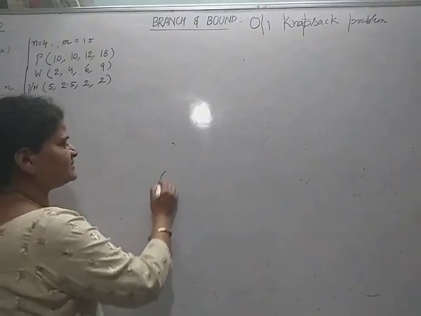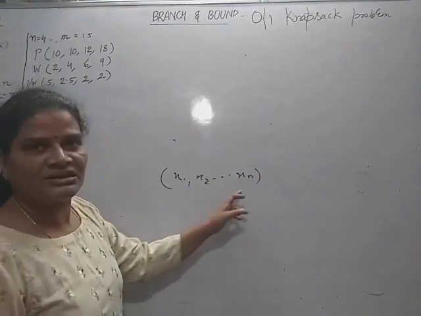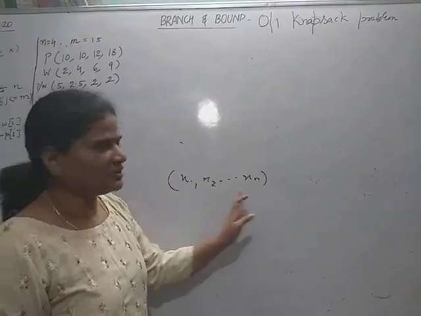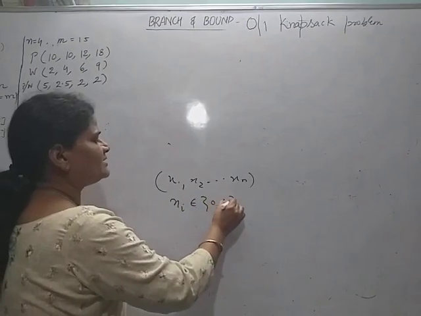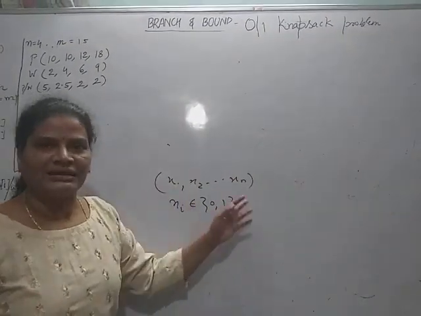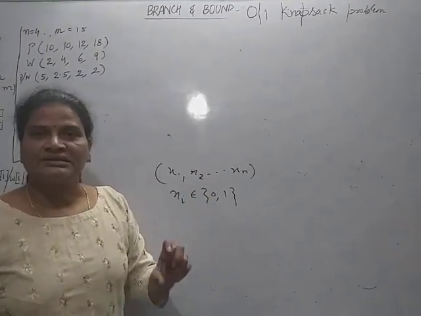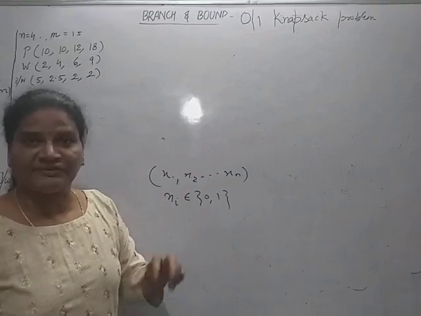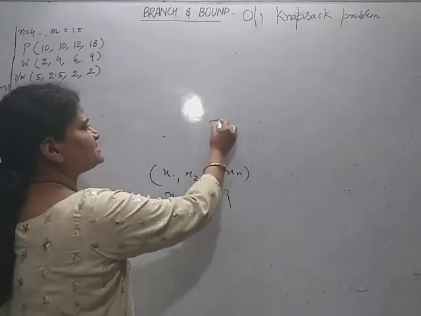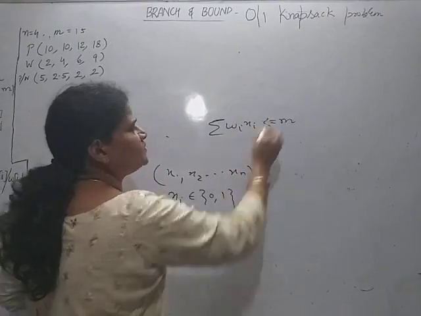Fixed tuple size means the solution vector is x1, x2, and so on up to xn, where each xi belongs to {0, 1}. Each xi can be either 0 or 1. The leaf nodes are the feasible solution nodes for which summation wi xi is less than or equal to m.